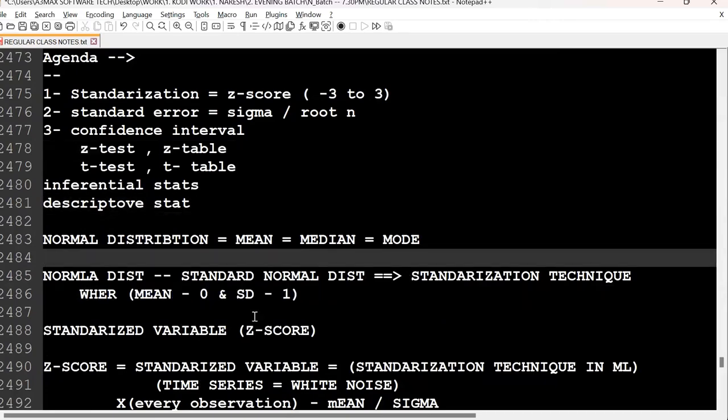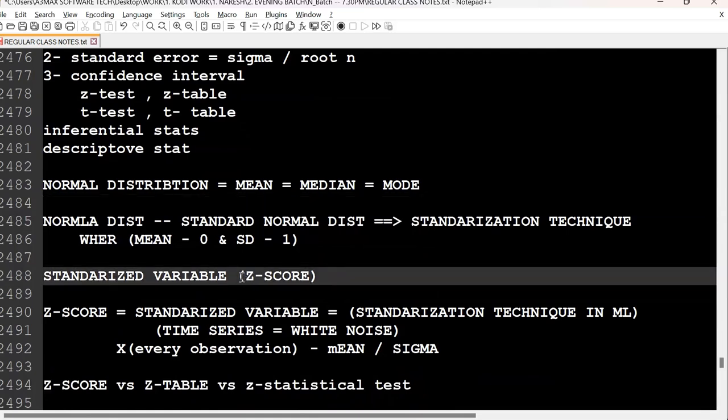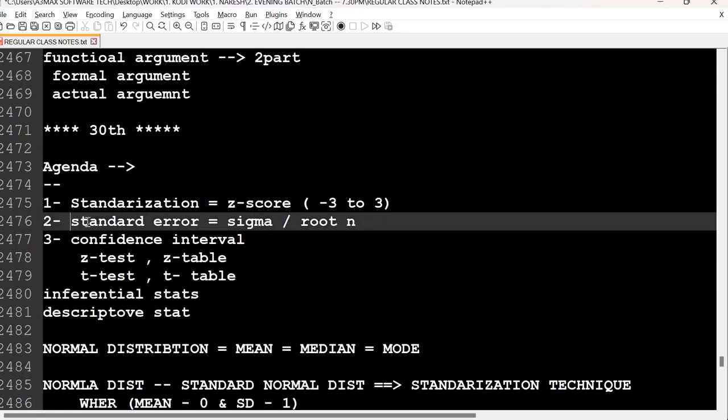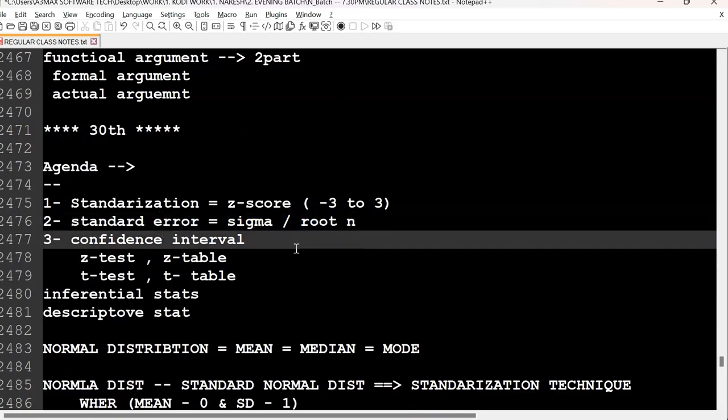It is called standardization, standardized variable, or Z-score. Are we clear? First step, this is what we completed. Next step, standard error. I just introduced the formula, like a plus b square is a formula. The same way, standard error equals sigma by root n. This is the second part.